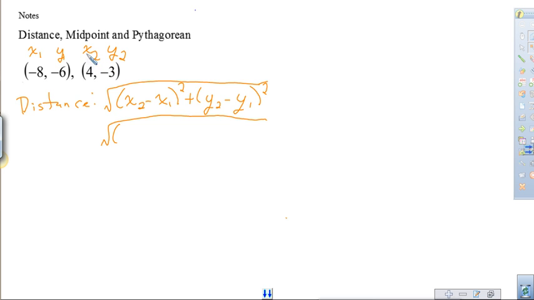Okay, and then you're just substituting stuff in. Y2 is 4 minus Y1 is negative 8 squared plus Y2 is negative 3 minus Y1 is negative 6 squared. Okay, and then you just need to take your time with this.